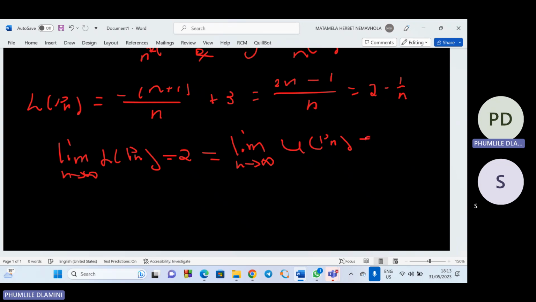So this function is integrable, but the question only asks us to calculate that, not to show that this function is integrable. So that is the end of this question for 2018.